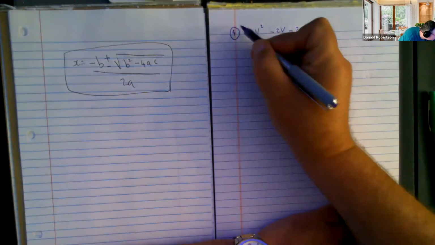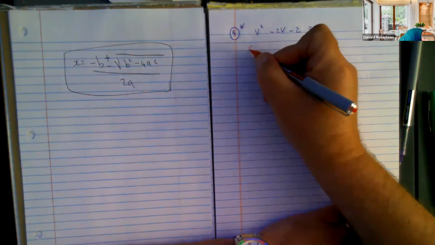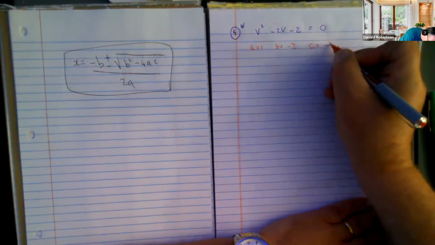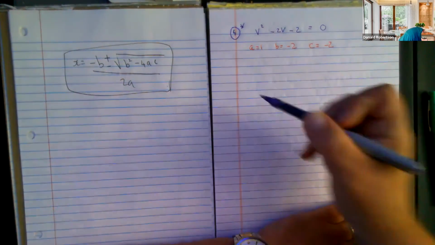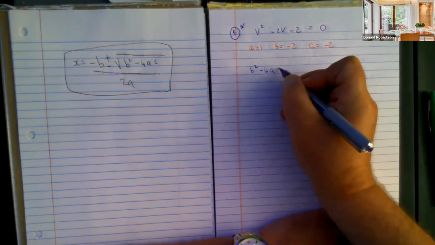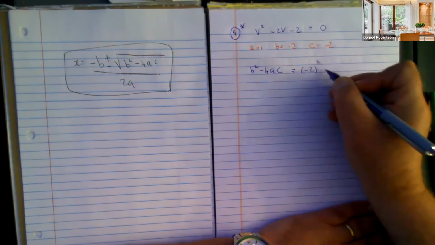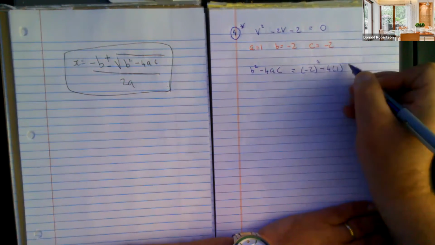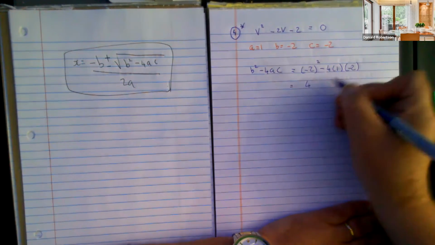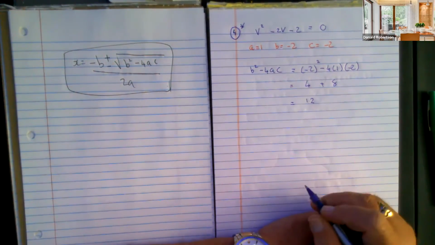So here is the one we're going to do, question 4. It's already in its standard form, so I can tell you a is 1, b is negative 2, and so is c. It's negative 2. I'm going to just do my usual small piece of the formula, which is that guy. And it's going to be negative 2 squared, take away 4 times 1 times negative 2. You can do that one. Is 4 plus 8, and we get 12.